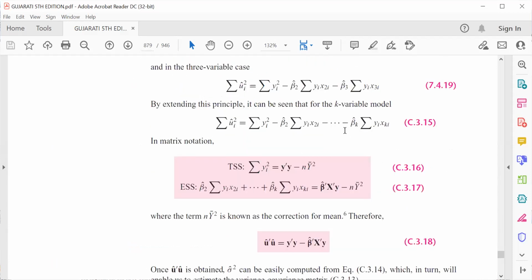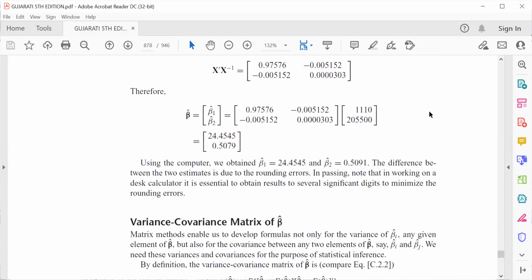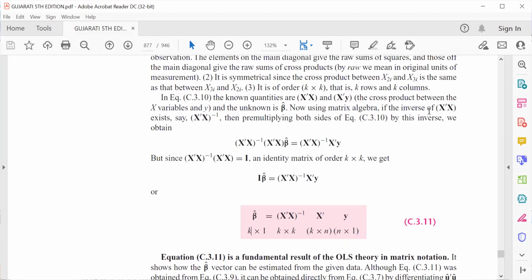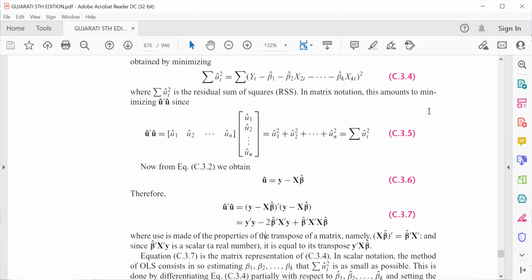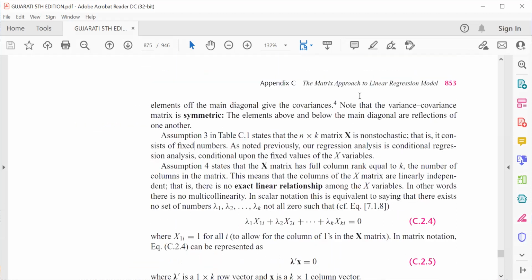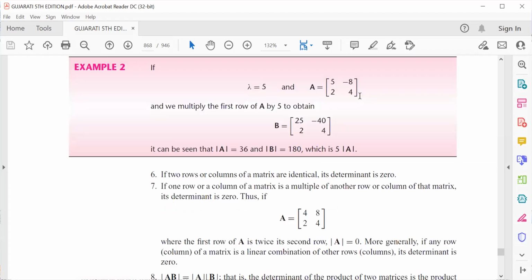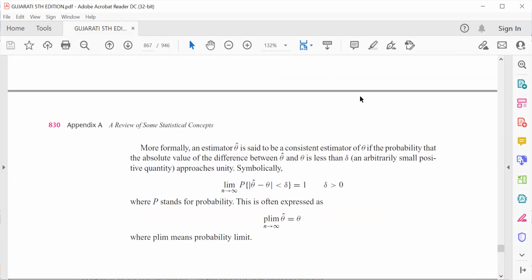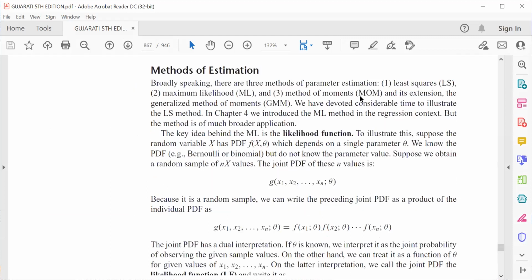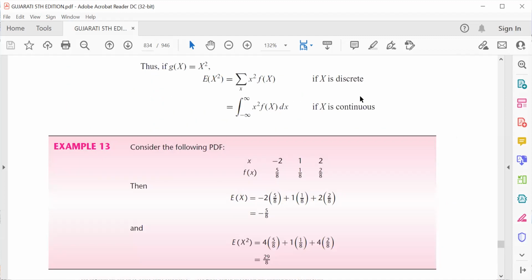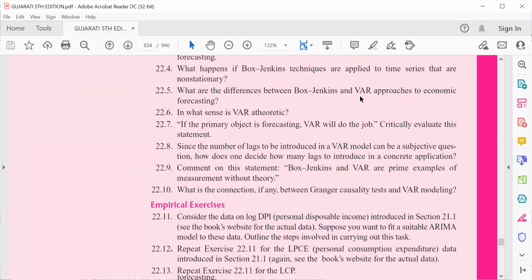Now we can calculate for the 3 by 3 data. We can take chapter 7, for example. Let's finish the matrix approach to the multiple regression model.